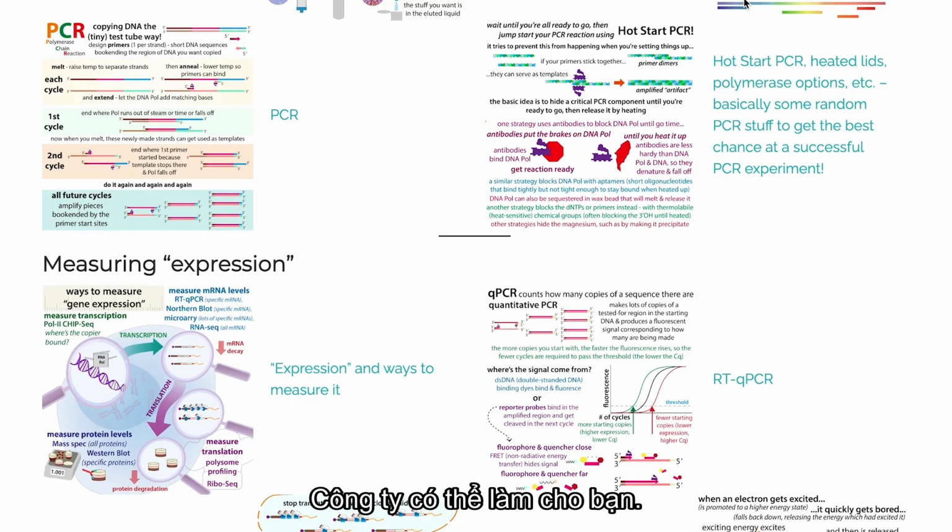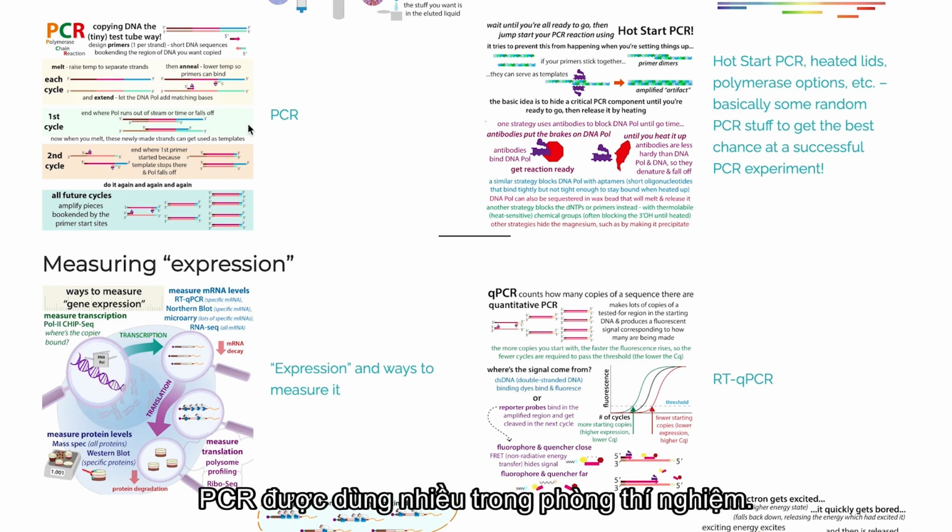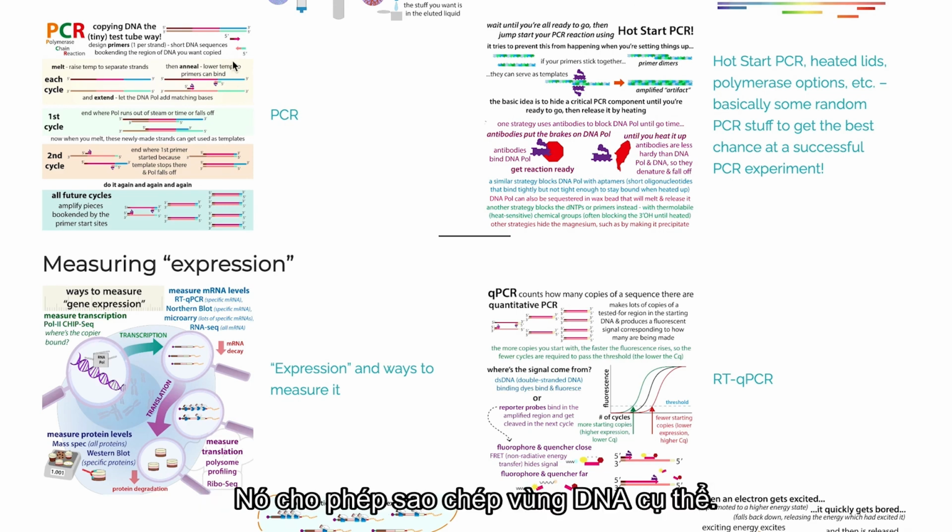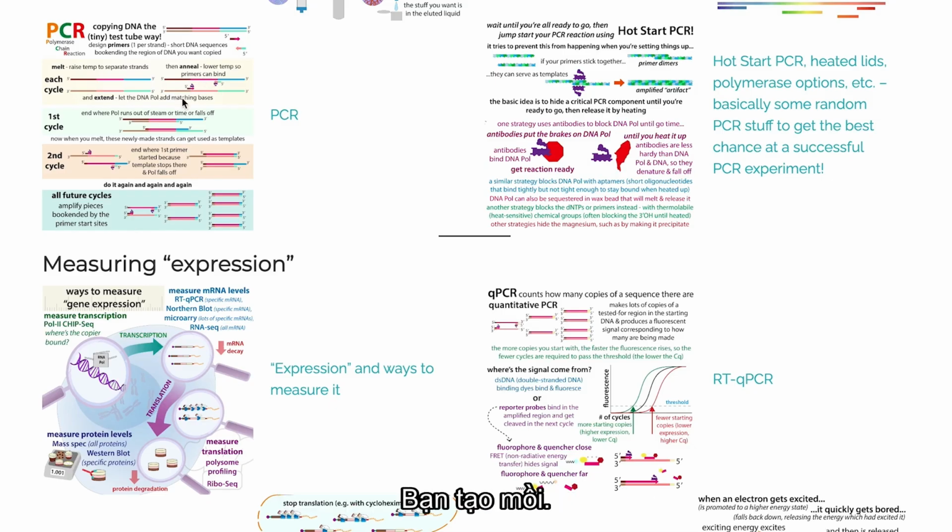So a company might be doing that for you, but what you're often doing yourself is PCR. You do PCR a lot in the lab, and basically it allows you to copy specific regions of DNA using primers, which are short pieces of DNA that tell the copying machinery, the DNA polymerase, where to start and stop making the region you want copied.